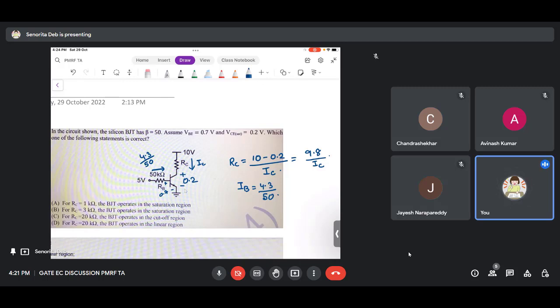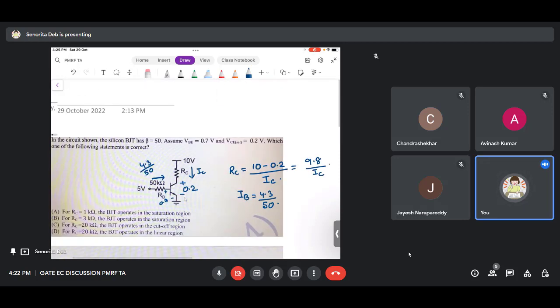Okay, so what else can you do here? Any other way anyone can suggest? So let's assume it is an active region and solve, and let's see what comes out to be.